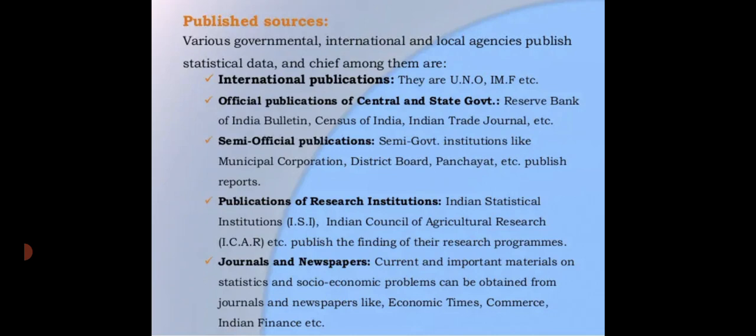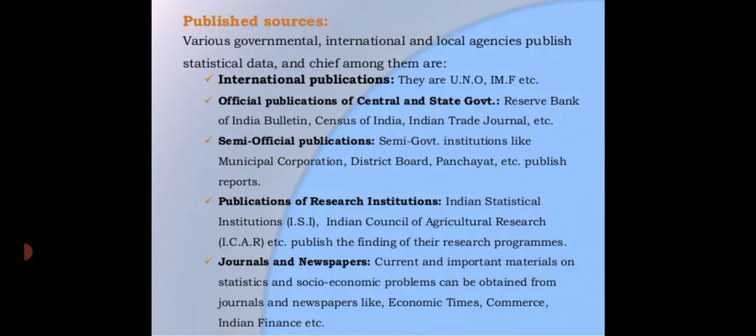The semi-official, or semi-government, publications: these bodies, such as municipalities and metropolitan councils, publish data relating to education, health, birth and death. These data are also fairly reliable and useful.